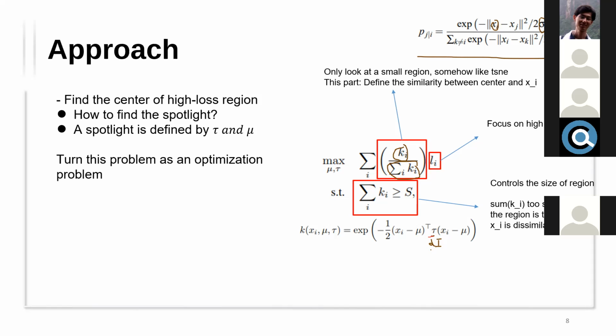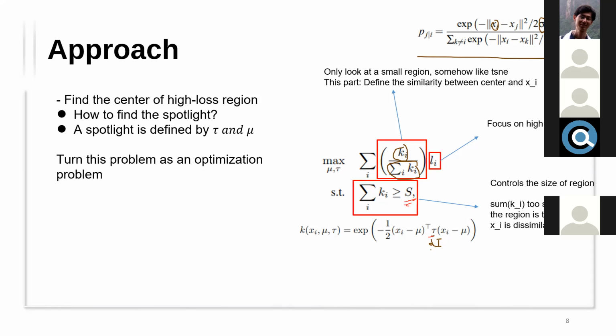There's another point: the region here is basically controlled by this S, right? This S is more like the radius to me. So we need to find a mu, and within a radius, all the samples in that region are included.